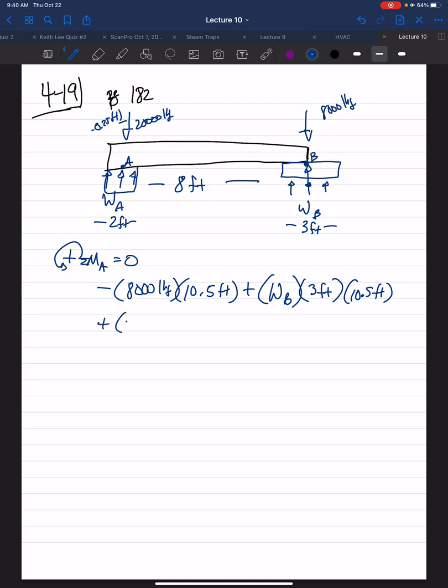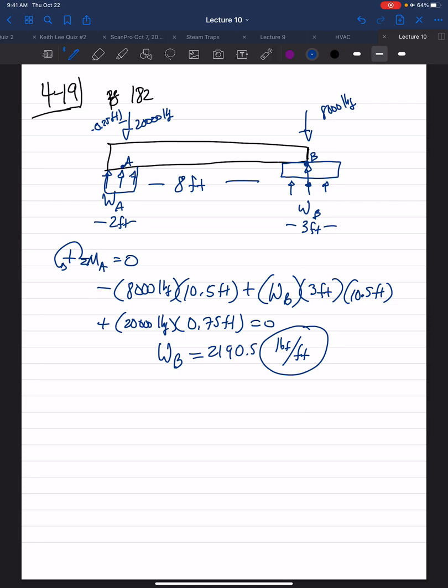So that's 20,000 pounds, and the perpendicular distance there is 0.75 feet, 1 foot minus 0.25 feet. Set it equal to 0. Solving for the loading, remember the units, this is an intensity.